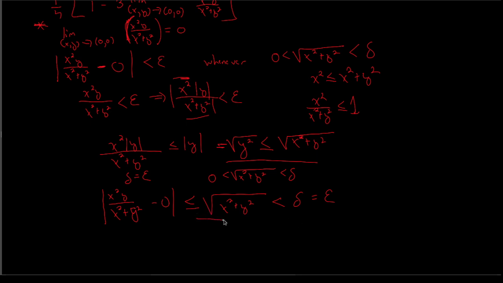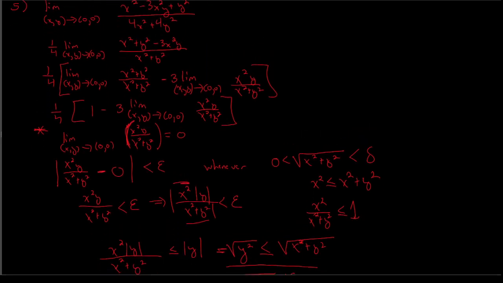And this really creates our definition of the limit. And so we can say that the limit, as our point approaches the origin, of x squared y over x squared plus y squared is equal to 0. So if I come back up to the relationship I have, then this becomes 1/4 times (1 minus 0), or the limit we have is 1/4.